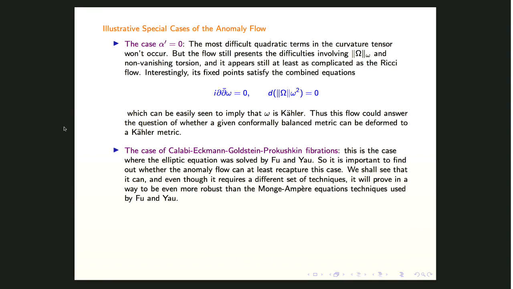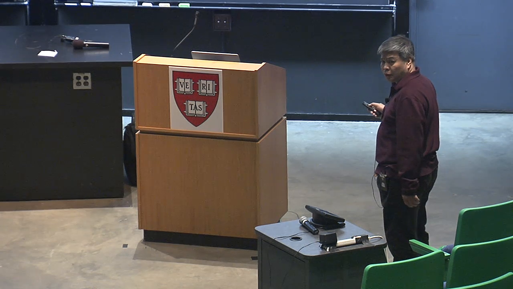Now, the next case is perhaps the case which is the most encouraging. This is the case of the Calabi-Eckmann-Goldstein-Prokushkin fibrations. This is the case where the elliptic equation was solved by Fu and Yau using these Monge-Ampère equations that I mentioned earlier. So it's a very important test of whether or not this flow is a good flow, or whether or not in this case it will converge to this solution of Fu and Yau.